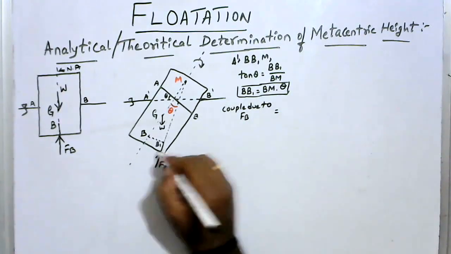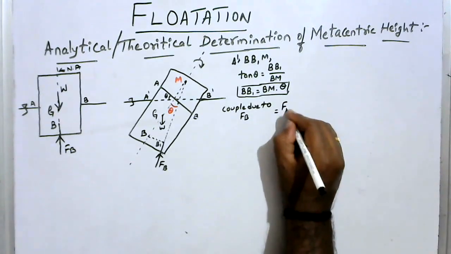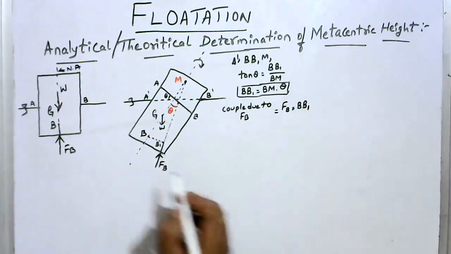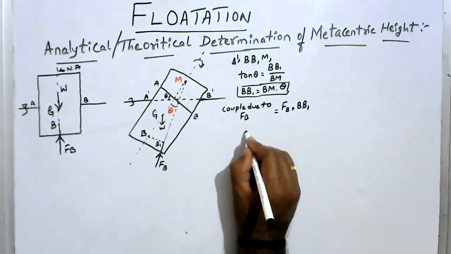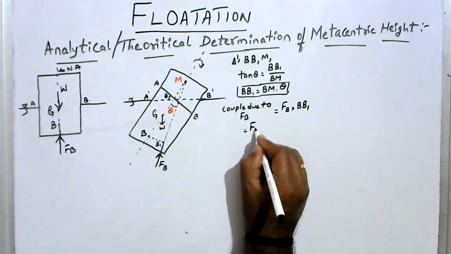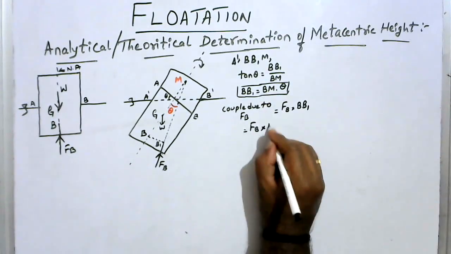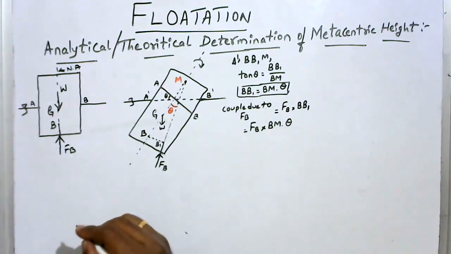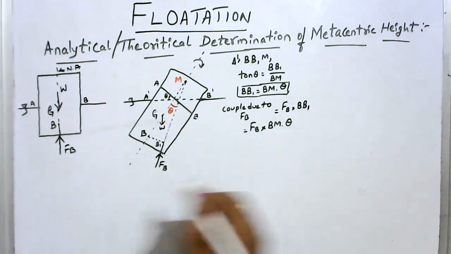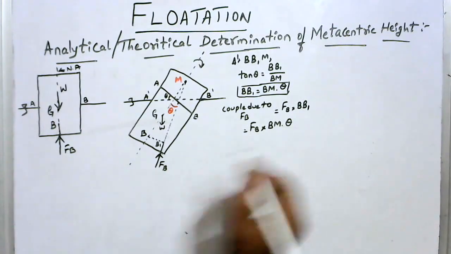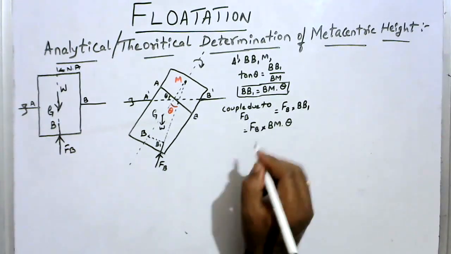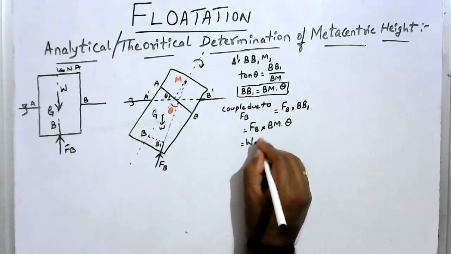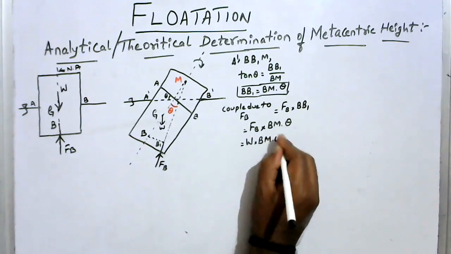Correct? This is given by, couple means force multiplied by perpendicular distance, that is BB1, Fb into BB1. But we know that this Fb into BB1 is BM into theta. In the floating condition, the force of buoyancy is nothing but the weight of the body, so I'll take it as W into BM into theta.